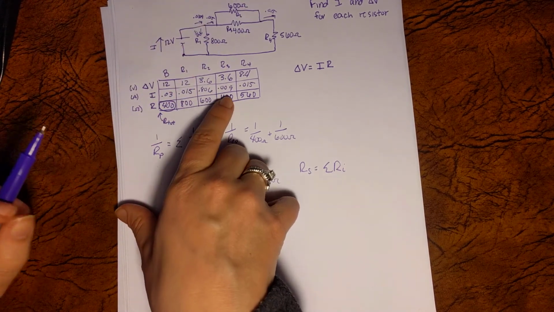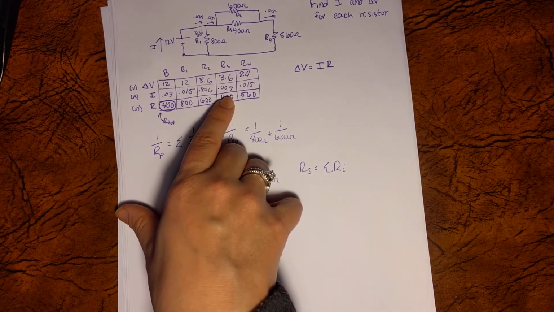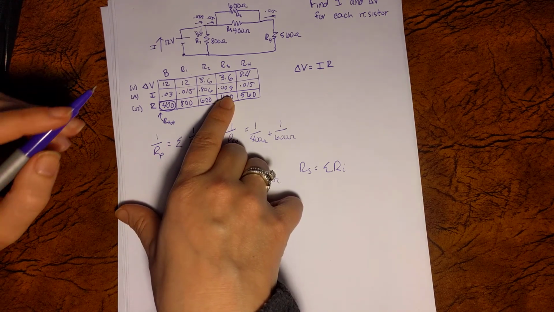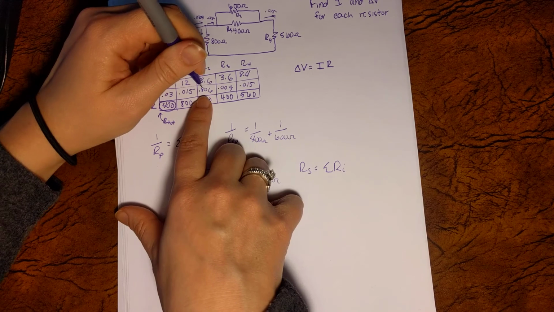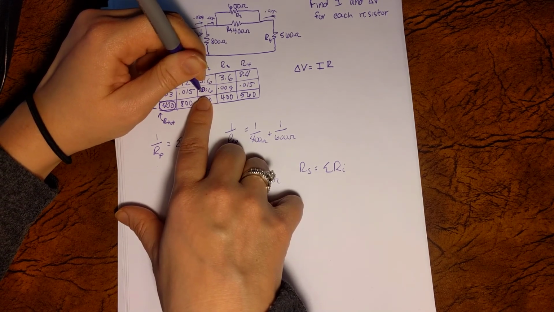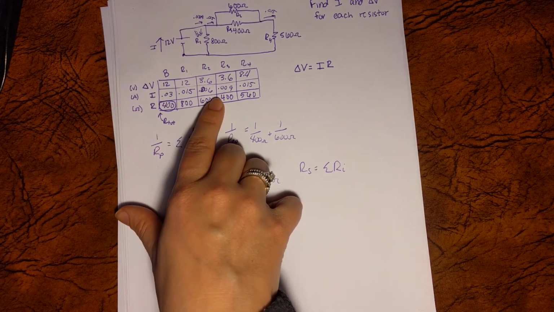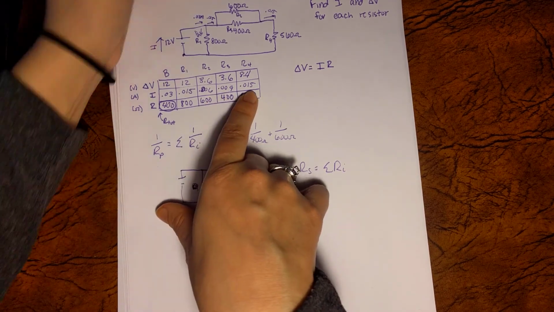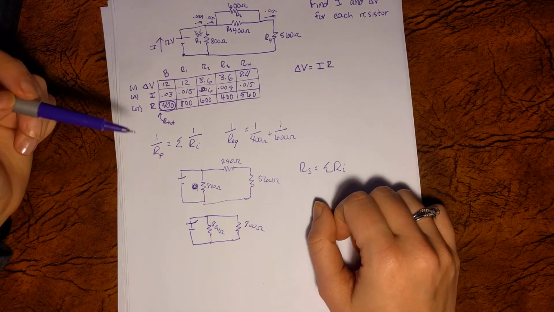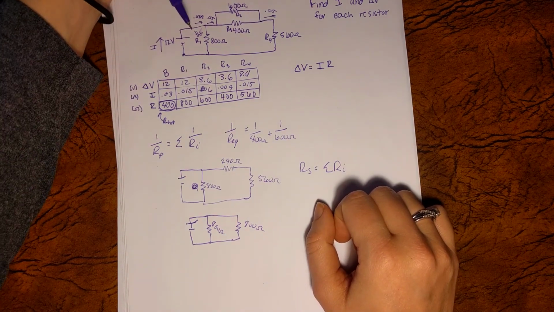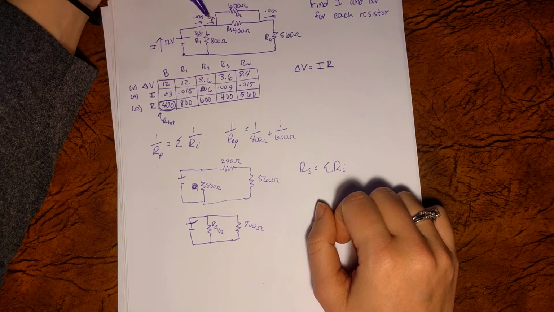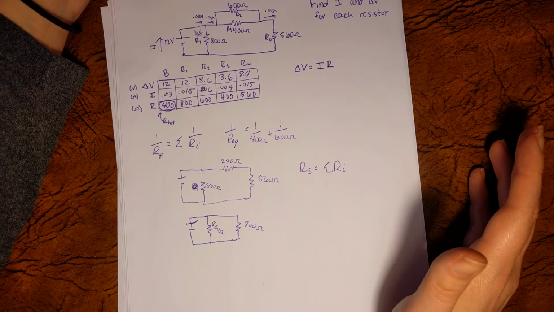Sorry, I misread my calculator at first. Just to check, I'm going to add those two together. We get 0.015, which is what we expect with our junction law. So we can apply Kirchhoff's laws here to solve more complicated circuit diagrams.